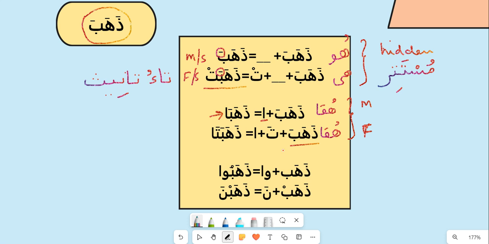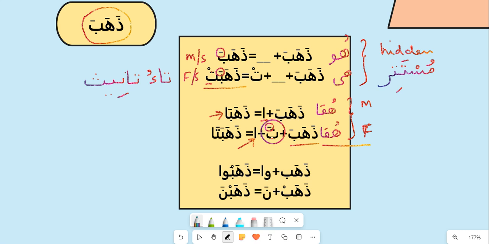The moment we come for huma female, what's happening? Ta has come with a fatha. Now this is very important. Why? This ta is the same ta tanis that we used here, but here it was with the sukoon. Then why is it changing here to fatha? Is because this long vowel alif is coming with the ta attached.